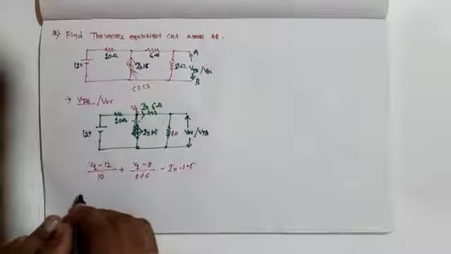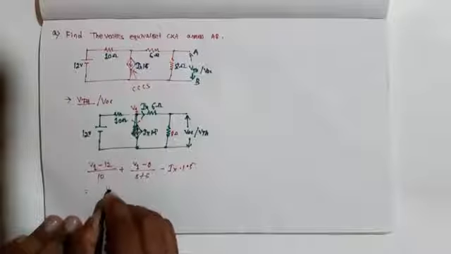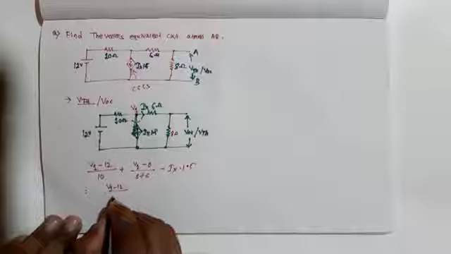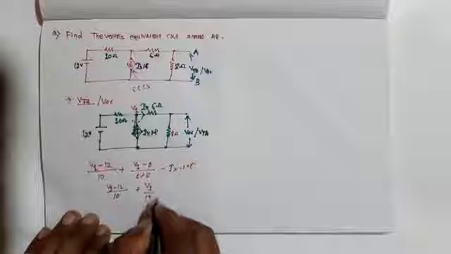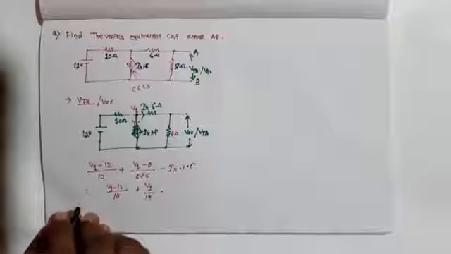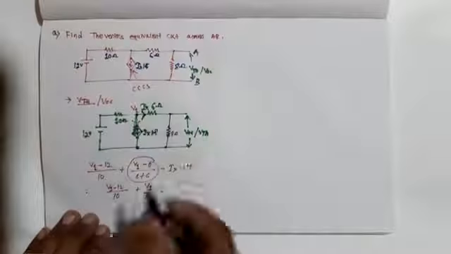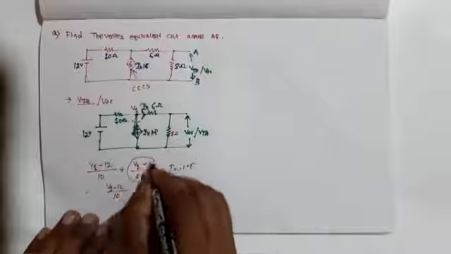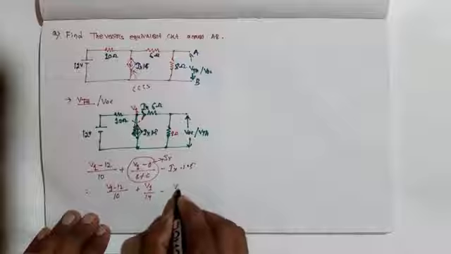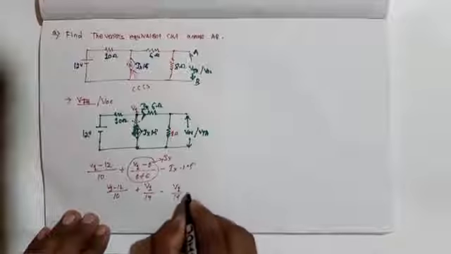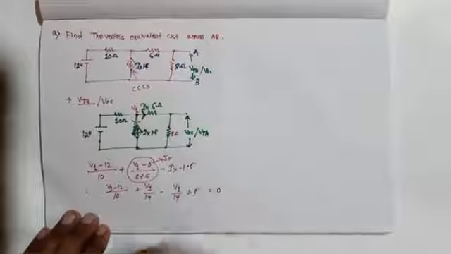So this is (V1 minus 12) divided by 10, plus V1 by 14, minus Ix times 1.5. We can put the Ix value as V1 by 14, because this amount of current is Ix, so minus V1 by 14 into 1.5 is equal to 0.